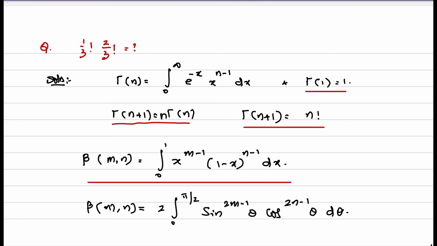These are all universal definitions. You can change theta to alpha, m to p, n to q, and x to y, that's up to you. These are all variables.